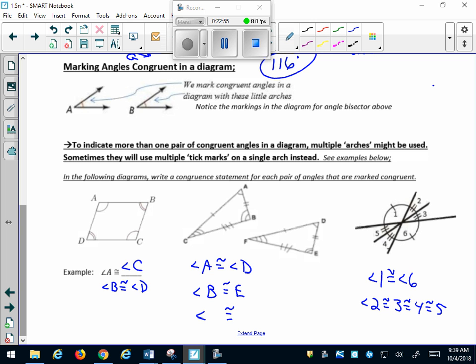Because they both have 2 arches. 2 arches matches. And then C is congruent to F. Oh, I know, I sort of did 2 at first, but this is one diagram. Sorry. That makes sense? Okay.